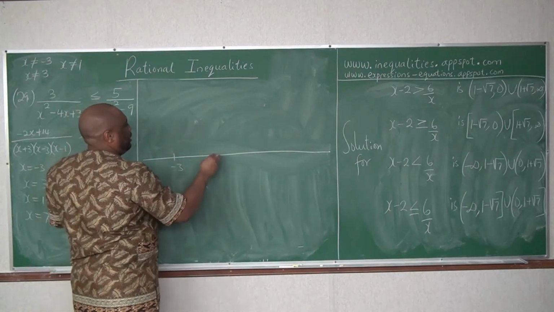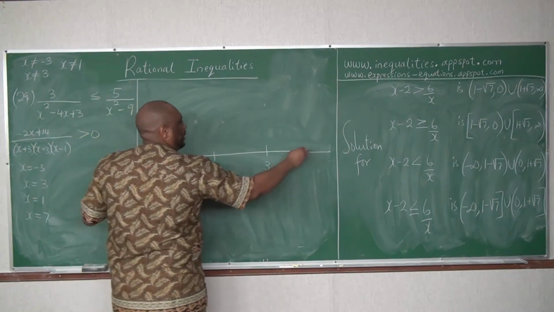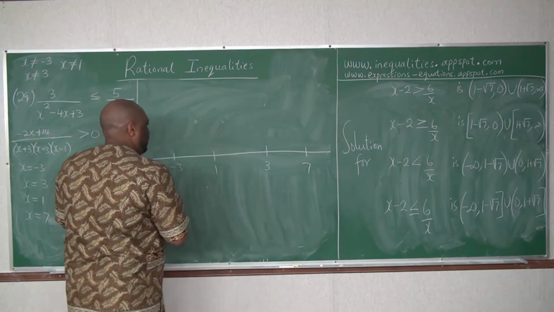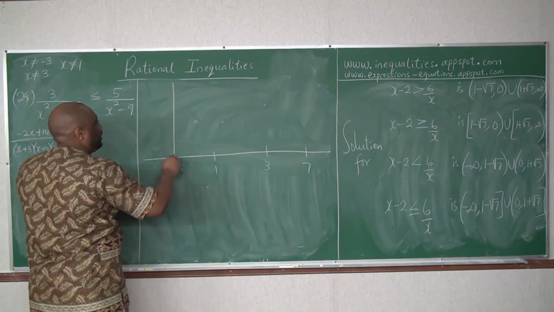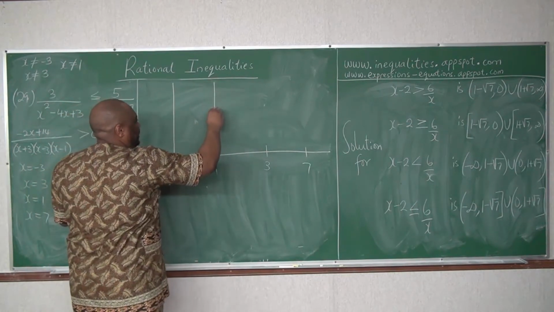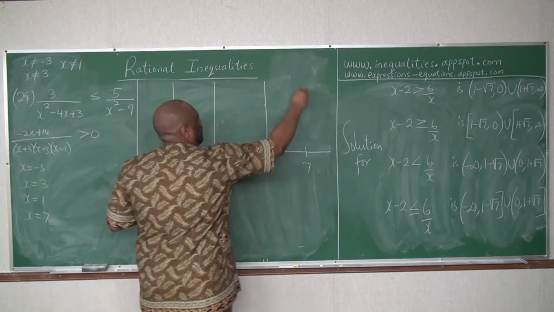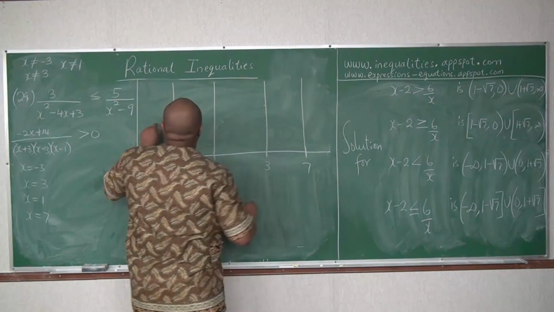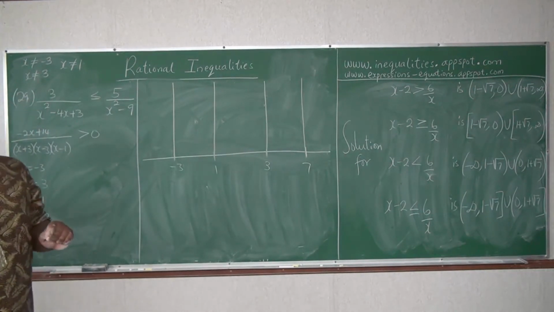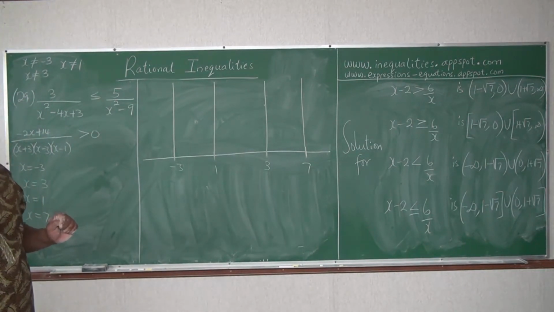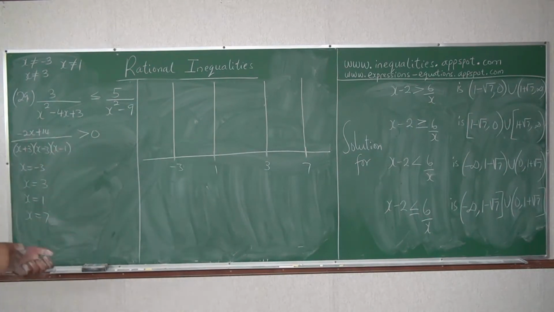Negative 3, 1, 3, 7. All right. So we have here the test intervals. 1, 2, 3, 4, 5. This is a lot. So this is 4 test points, 5 test intervals. We have to do it.